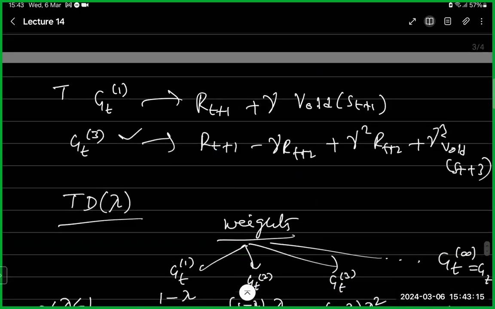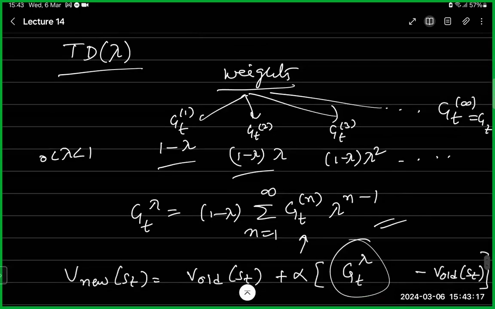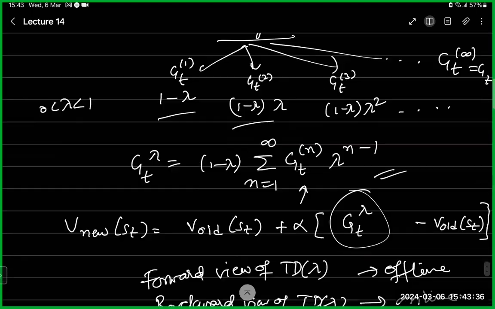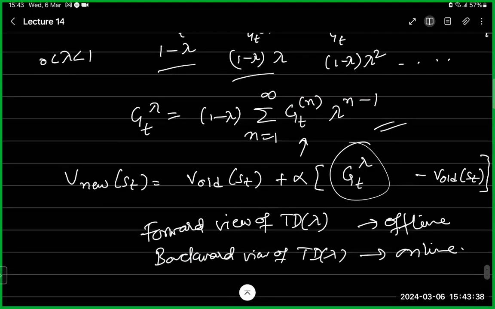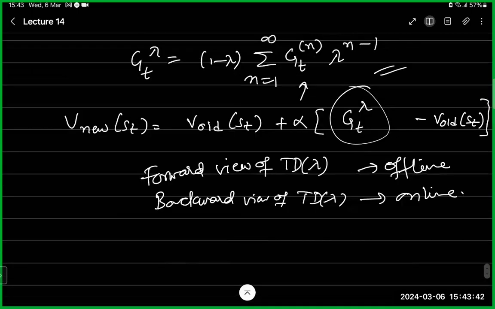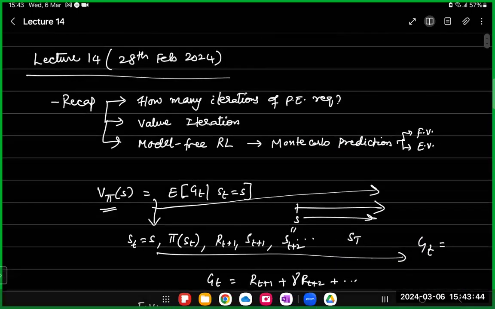And then we have seen a method called TD lambda, which uses all possible n's and takes an average across all of them. It uses these weights, 1 minus lambda, lambda, and so on, and takes a weighted average of all the n-step TDs, right? If you just use that estimate, then you call it TD lambda. So this is roughly what we discussed in our last lecture.